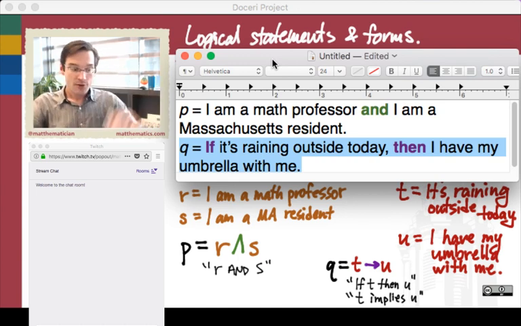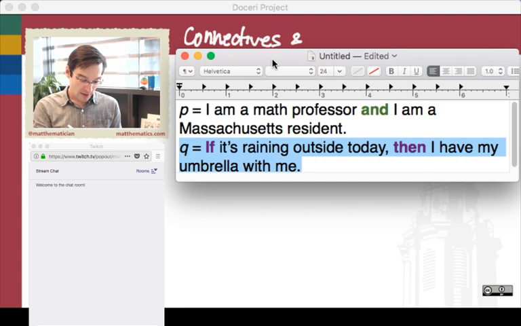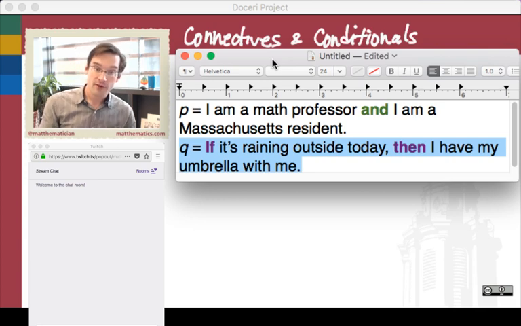All right. So our next waypoint here is let's talk about how to assess the truth value of connectives and conditionals. So when we're assessing truth value, this means we're back in the courtroom, as we were talking about in our last live stream, and asking the question, what's the burden of proof?